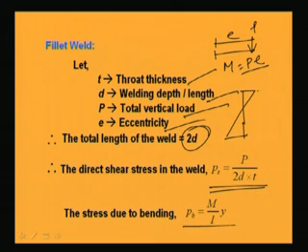So, the bending stress will become M by I into Y, where M is the moment which is P into E and I is the moment of inertia about the x axis, meaning if the weld is like this, then I will be in this direction, and Y is the distance from the CG to that particular point.